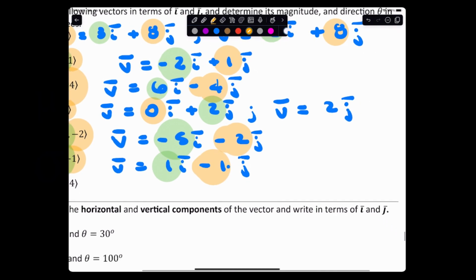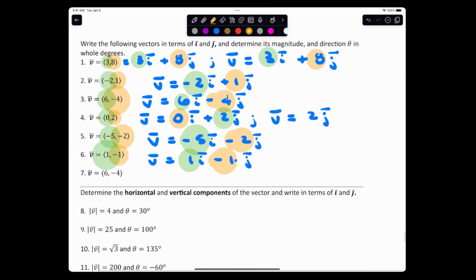Okay, and then you say, can I write this simpler as well? Yeah, we can say here, vector v is going to be simply what? i minus j. And then over here, we didn't simplify this one. Negative 2i plus j.